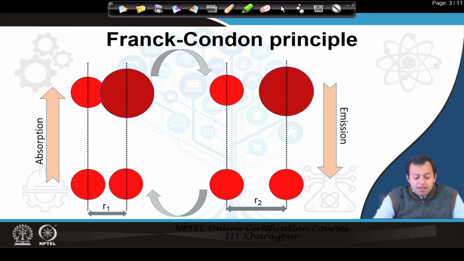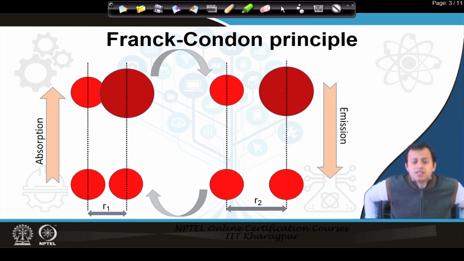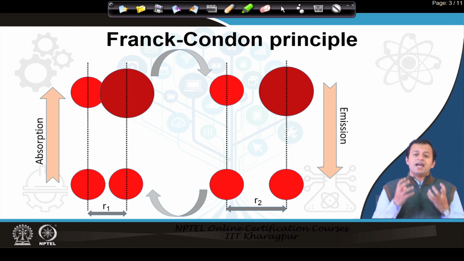If we can identify these telltale signs, what is R1, how long it stays in R1 after absorption, how long it stays in R2 after emission, how long it takes to come from R2 to R1 after relaxation, they are very, very specific to specific molecules, and we can get closer to detecting which molecules they are.